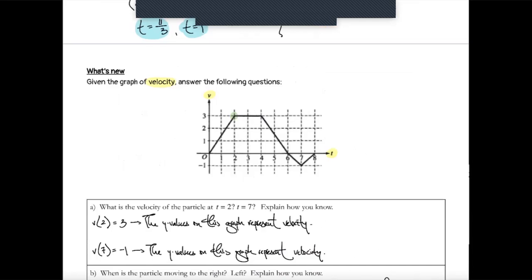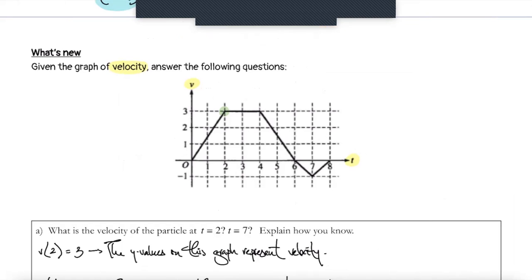So I'm just going to write out over here that if we have our position graph and we take a derivative, we'll end up with velocity. And if we take another derivative, we'll end up with acceleration. Okay.